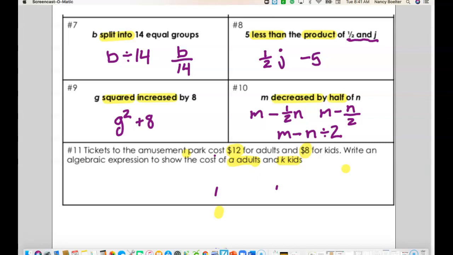So we have to think, how do we find out how much it costs for so many adults to go? Well, it's going to cost 12 times A. And how many kids? It's going to be 8 times K. And to find the total, we're going to have to add those together. So it's going to be 12A plus 8K.